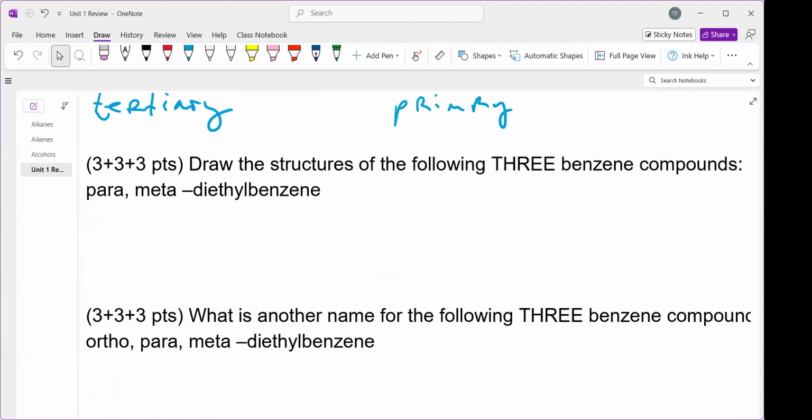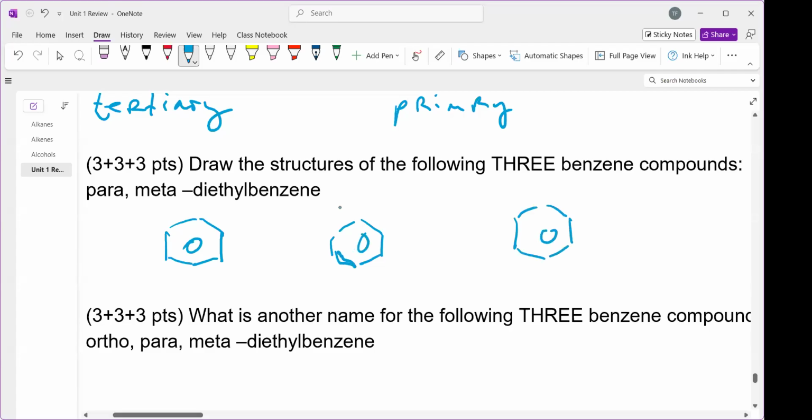Okay, so when you're drawing benzene structures, you have the benzene in the middle. It says diethylbenzene. It means two ethyl groups are branches off the benzene.